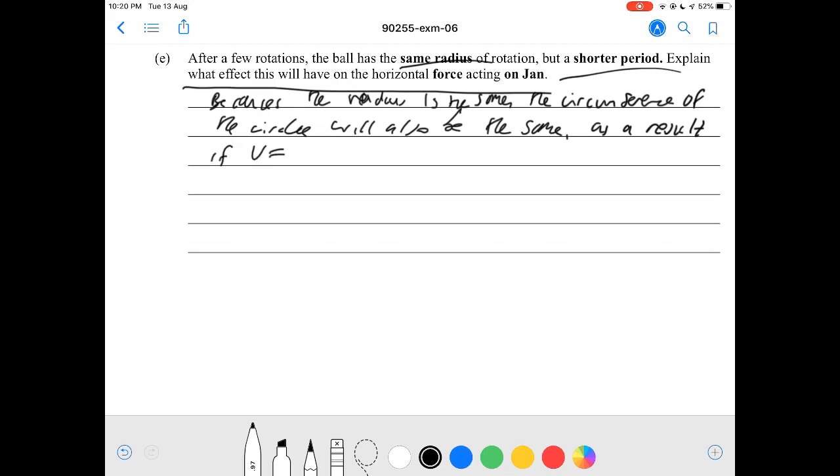If v equals d over t and d is constant, then v is proportional to 1 over t, meaning if the period decreases, then the velocity will increase.